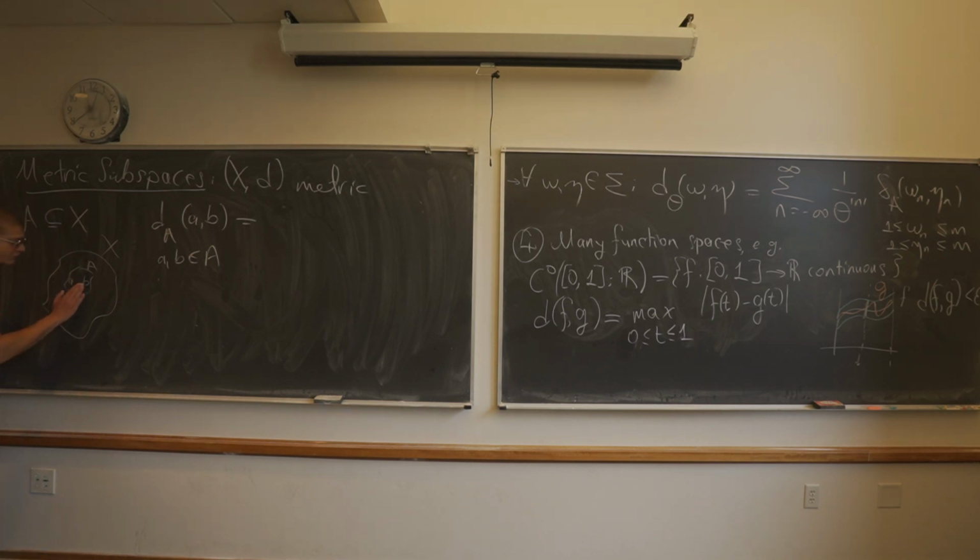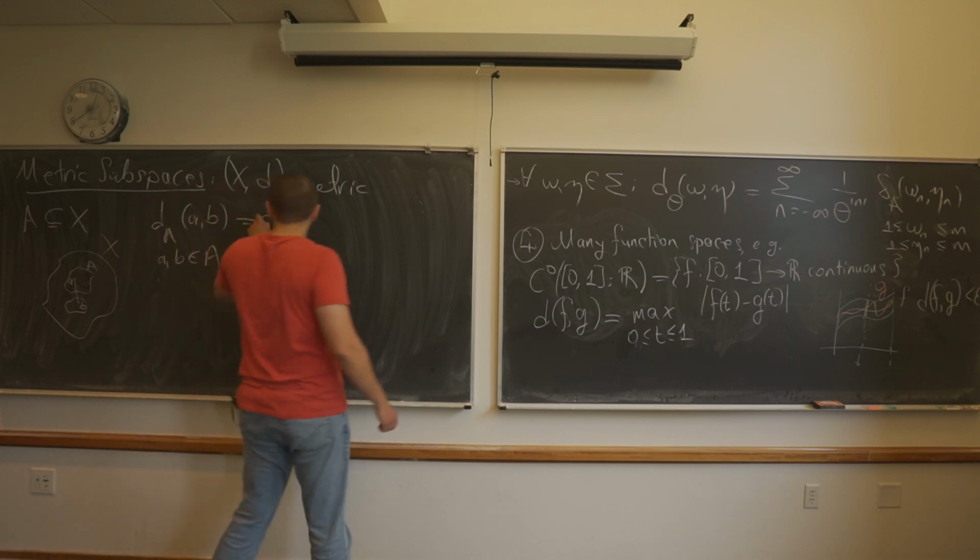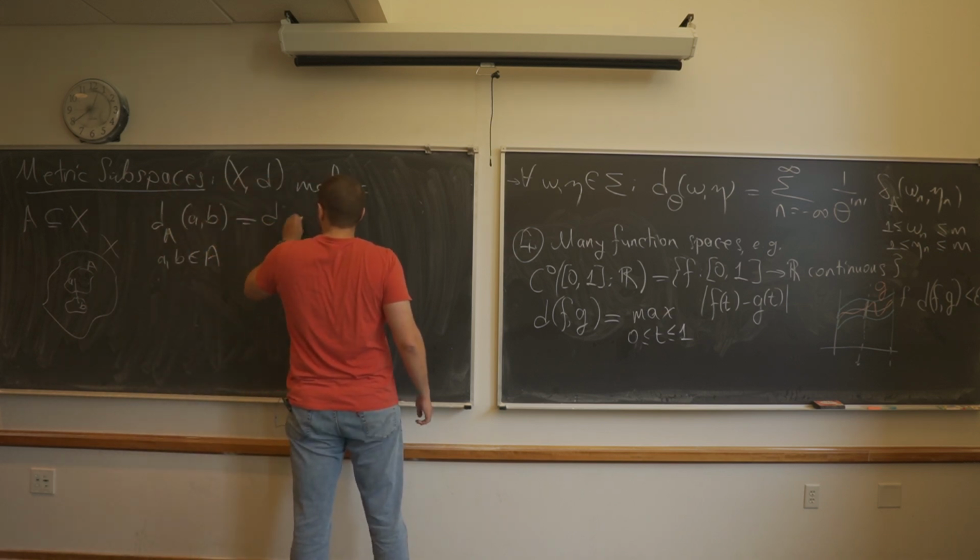It doesn't need to be connected, of course. So maybe A has like multiple components. And I want to figure out the distance here. Well, I can just look at this distance. It doesn't need to necessarily stay in A, is the point. And this is nothing but d of a, b.